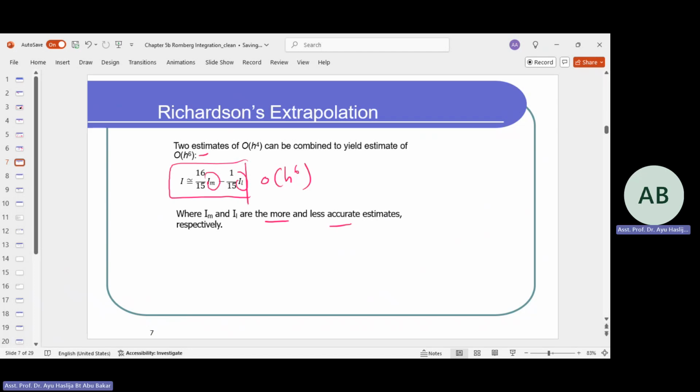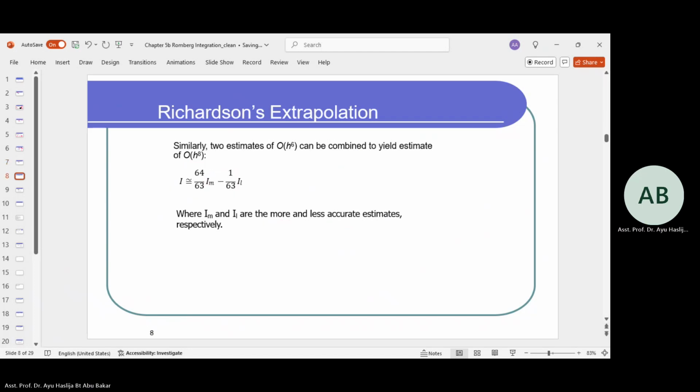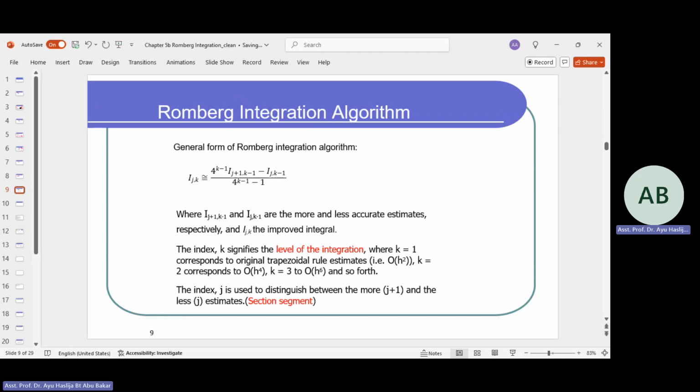Now this is level O(h^8). Usually your level goes up to O(h^6) only. What does it mean by more or less accurate here? We'll go through it later on.